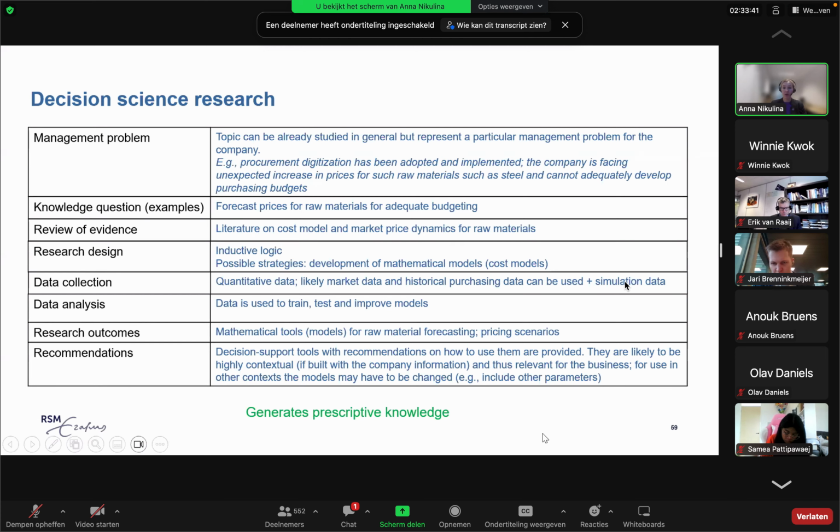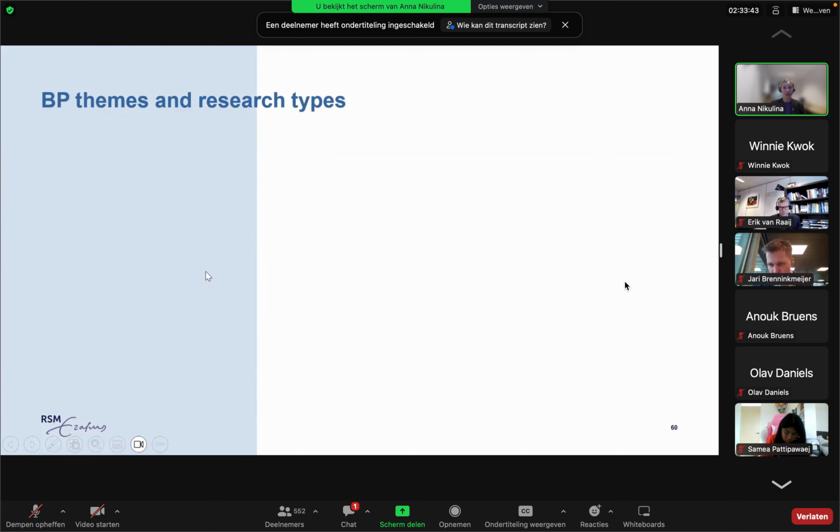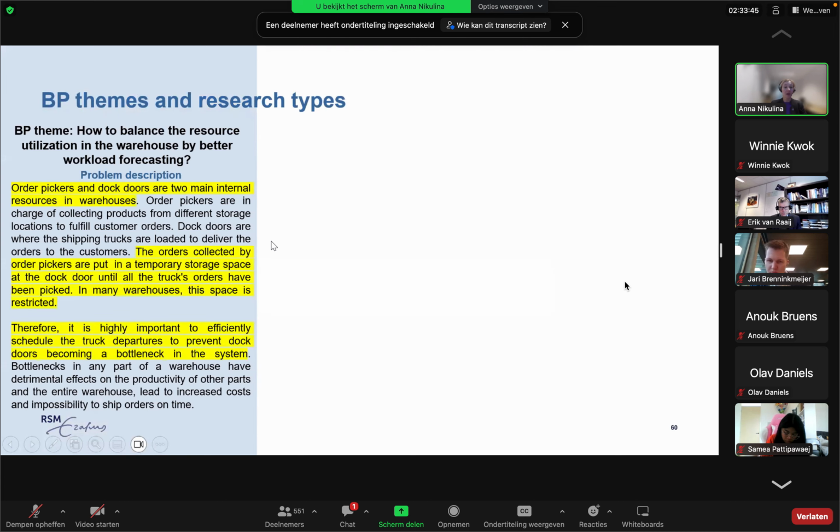I'll give you an example of this type of bachelor theme again. This was a topic about how to improve the work in warehouses. Basically, the idea was that on one hand you have people working in warehouses, and on the other hand you have trucks that come for the loads of goods that they need to take further in the distribution process.